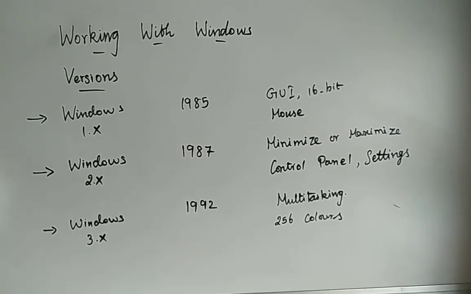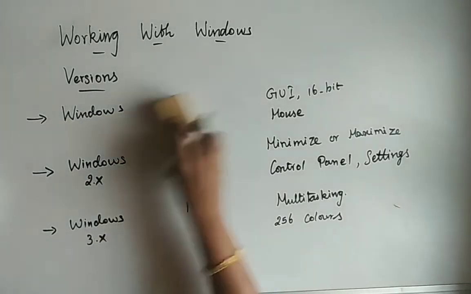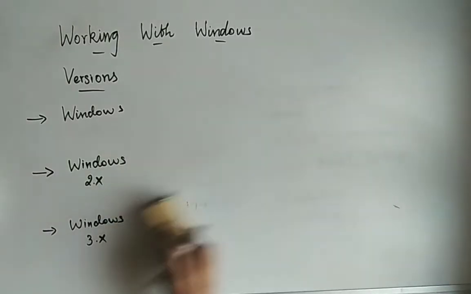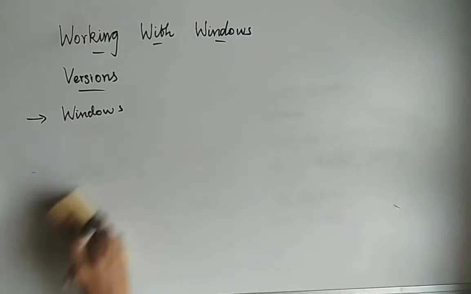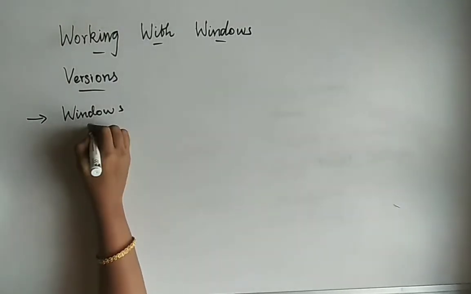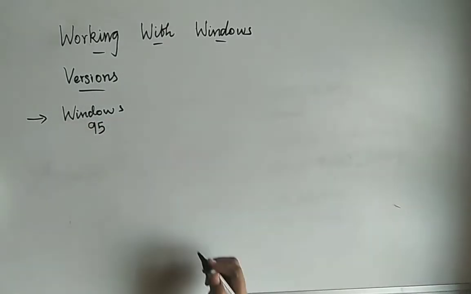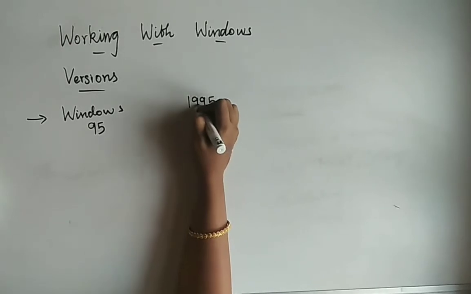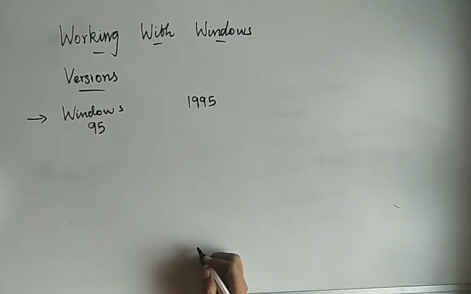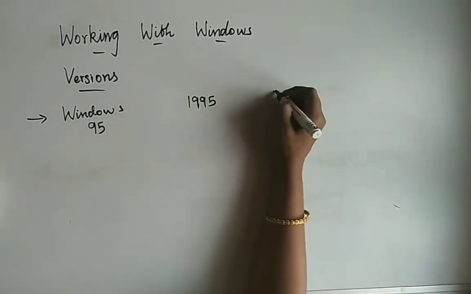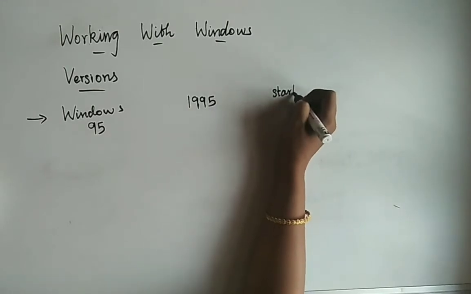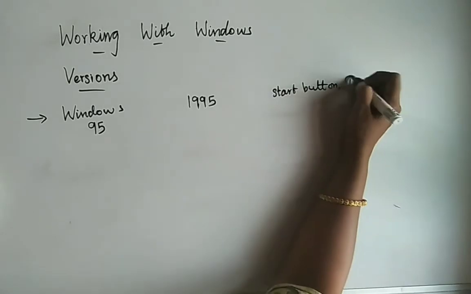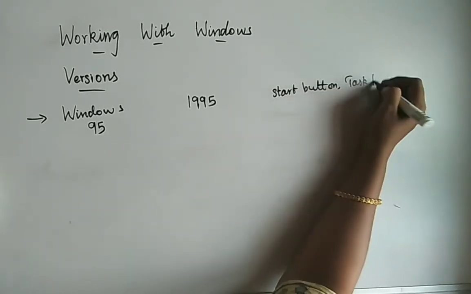Next it was Windows 95. By the version name itself it has the year, that is, it was introduced in 1995. What are the features? Here they introduced the start button and taskbar.